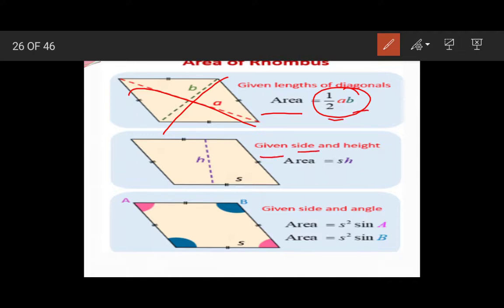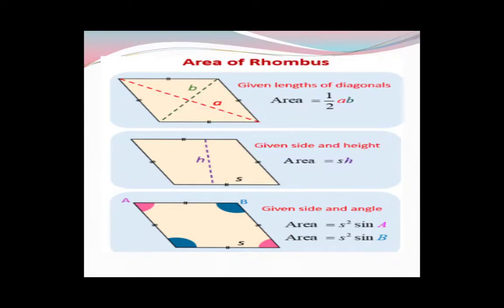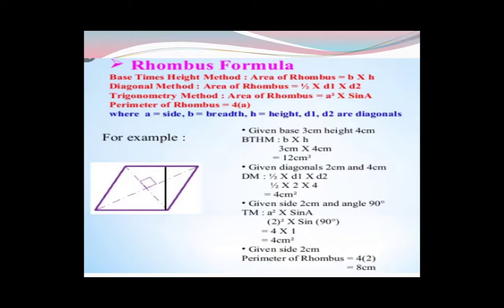If side and height are given, then we can find the area by using the formula S into H. If side and angle are given, then we can find the area by using the formula S square into sine theta. Okay. Then let us see the examples.